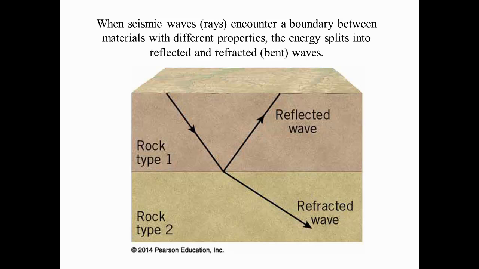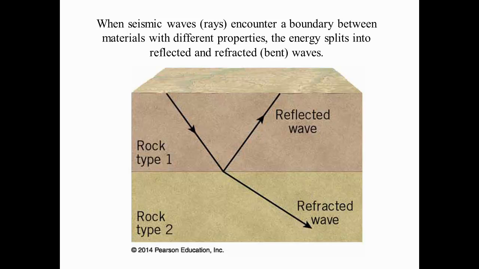So here we have a block diagram showing two different rock types. Rock type 1 occurring as the upper layer, and then the lower layer is identified as rock type 2. And here we're following a particular ray path as it passes through Earth's crust.